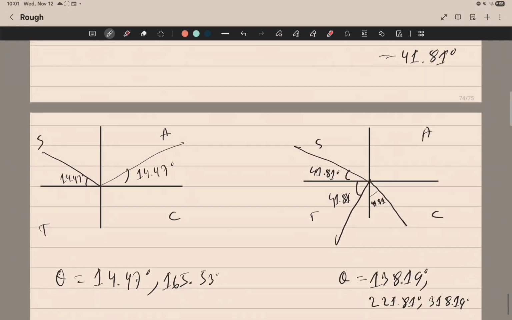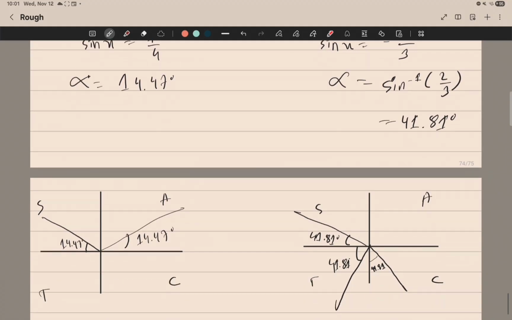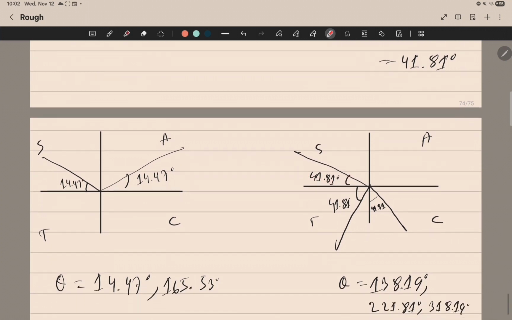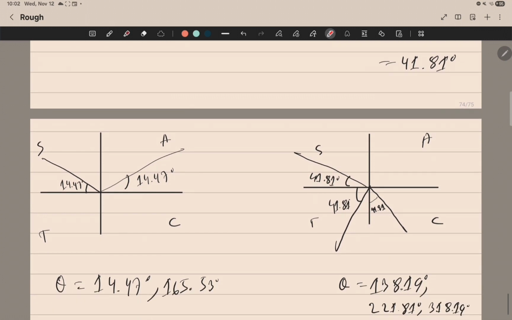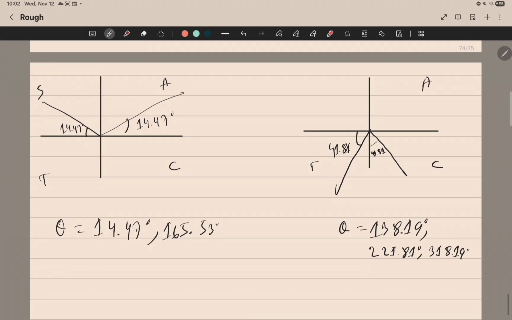Okay, wait. Why am I making these silly mistakes? Why did I take this? Sine is positive here. So make sure you guys don't make the same mistakes. So there won't be a 180 minus. I don't think just 138 will be part of the answer.